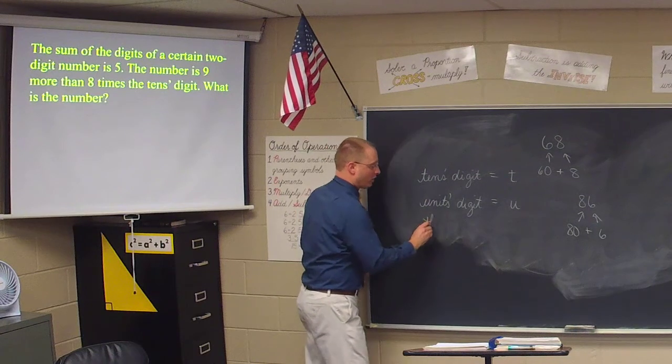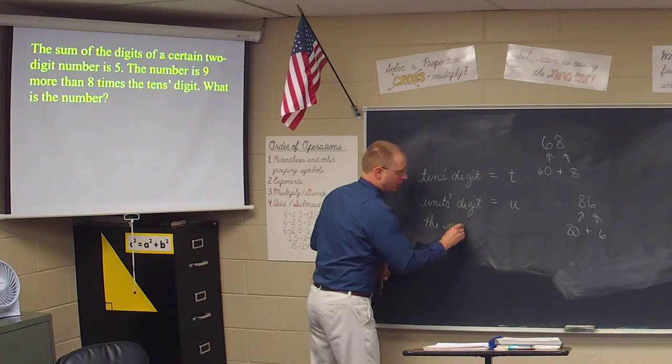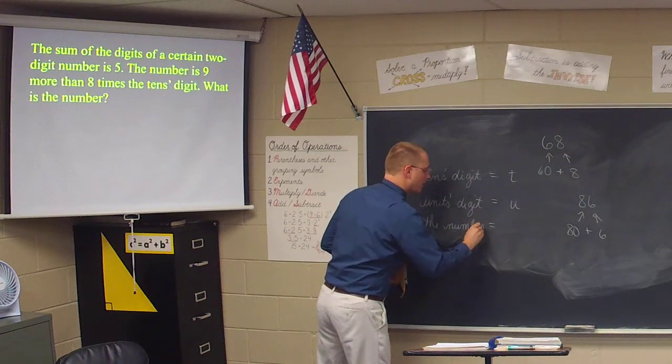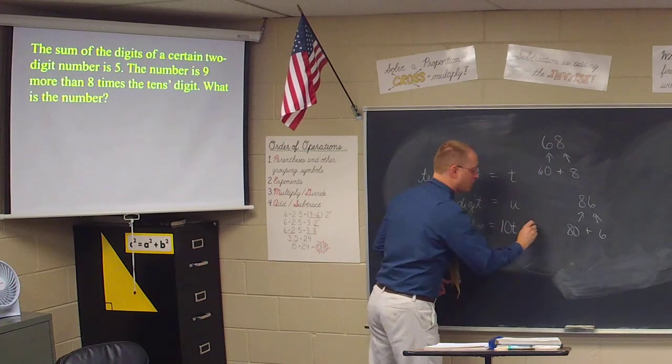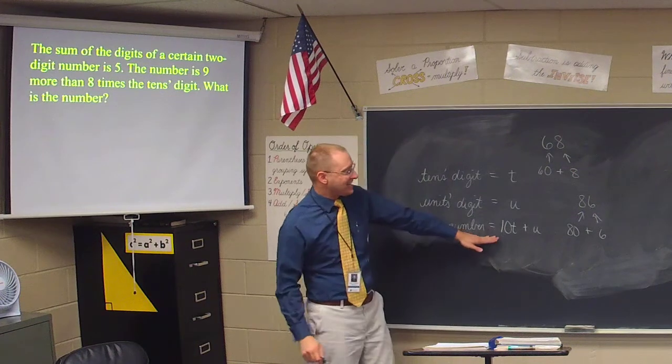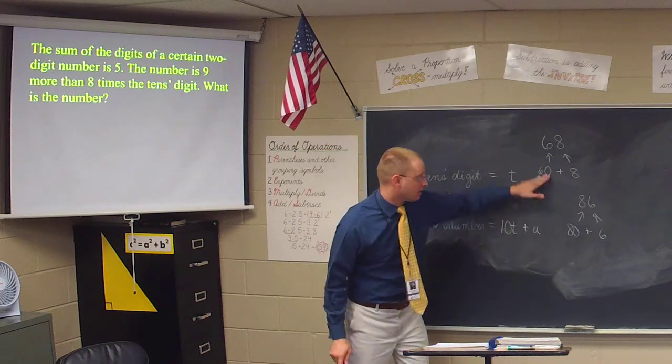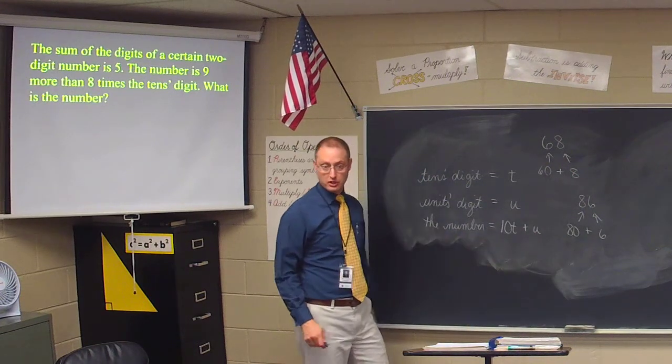So write this down. The number will be represented 10t plus u. 10 times the tens digit plus the value of the units digit.